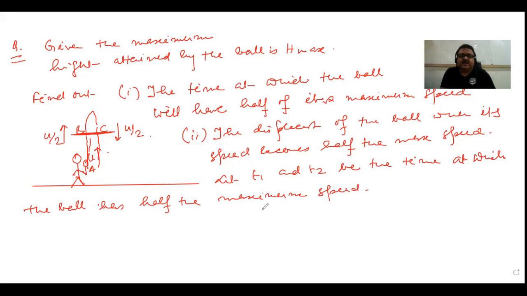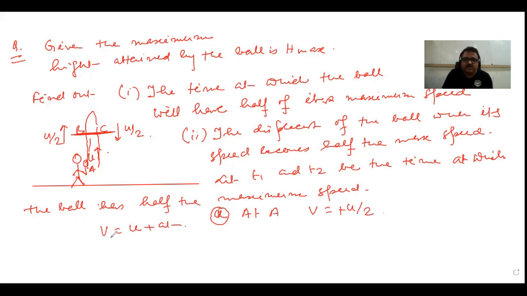Now I am going to apply this formula: v equal to u plus at. Wait and watch carefully please. At B, v equal to the final velocity and it is directed upward, so its sign would be plus u by 2.